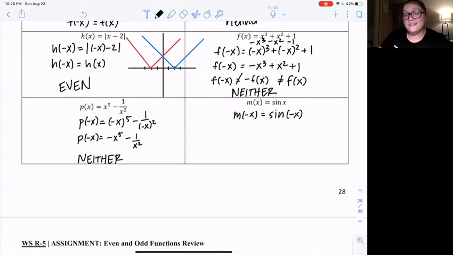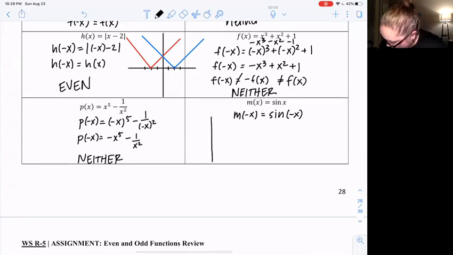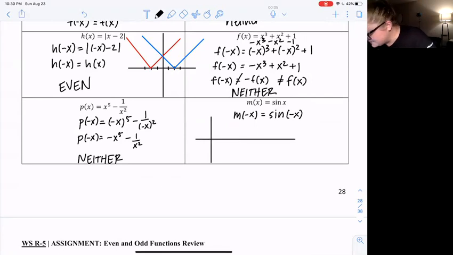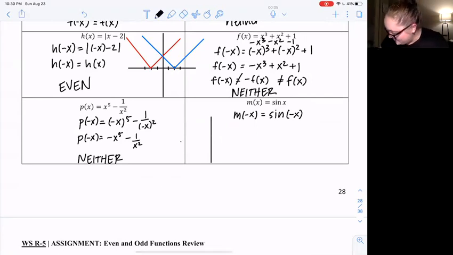Now let's go to the sine function. This is also one that I want to encourage you to graph. If you're looking at the sine wave, let's make sure we have enough space for some negative values as well. There we are.